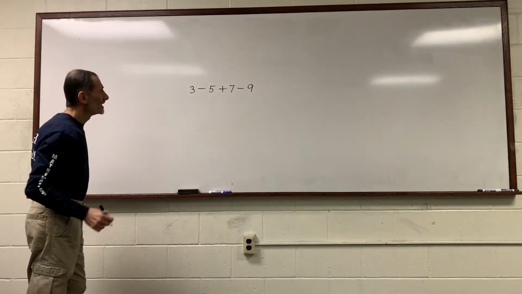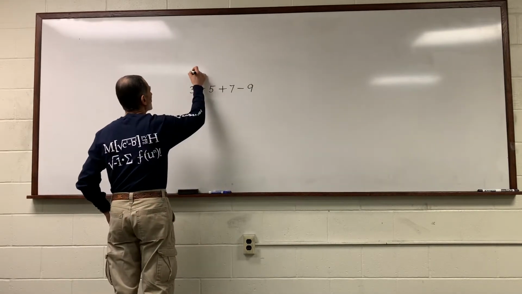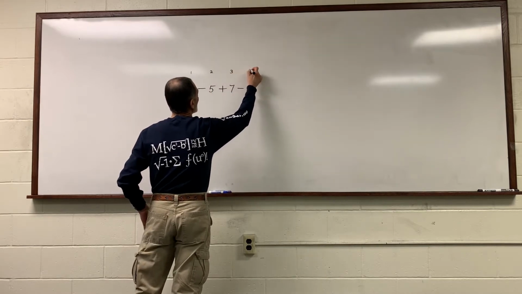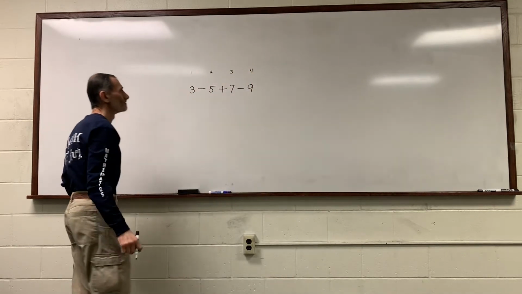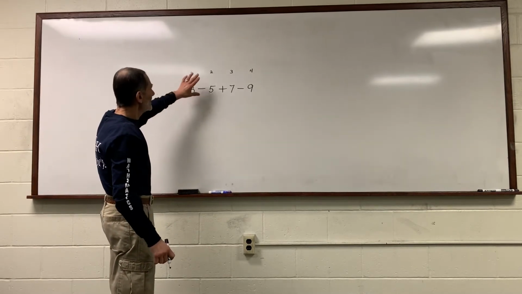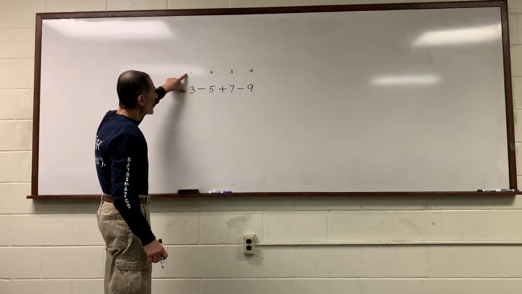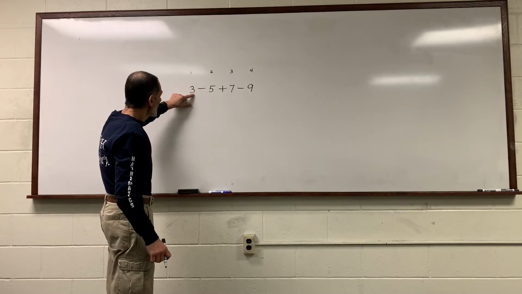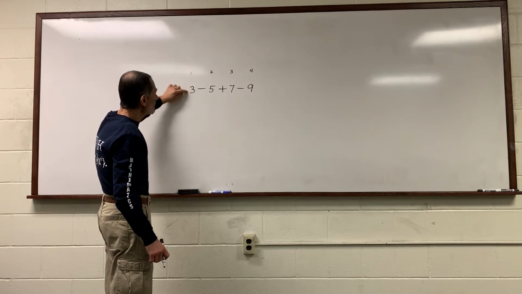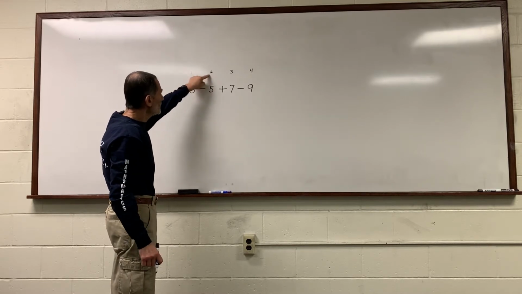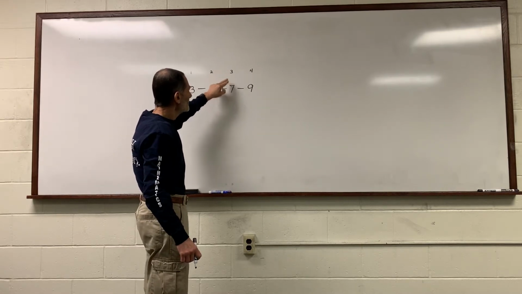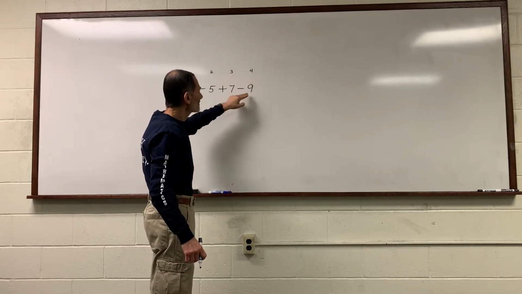Now remember what we have here. We have the first term, the second term, the third term, and the fourth term. So 1 tracks to 3, etc. Now notice what these numbers do. The 3 is 2 times that plus 1. The 5 is 2 times that plus 1. 2 times plus 1. 2 times plus 1.